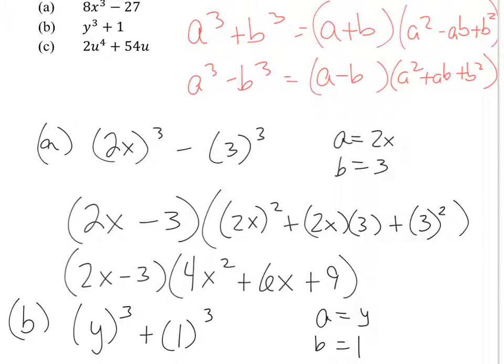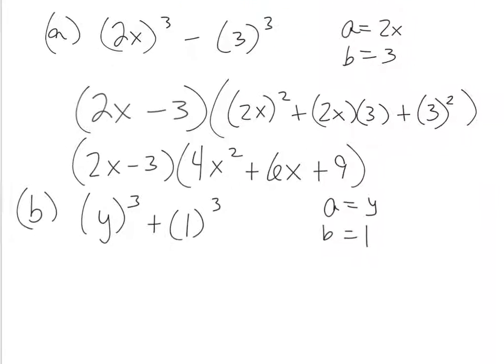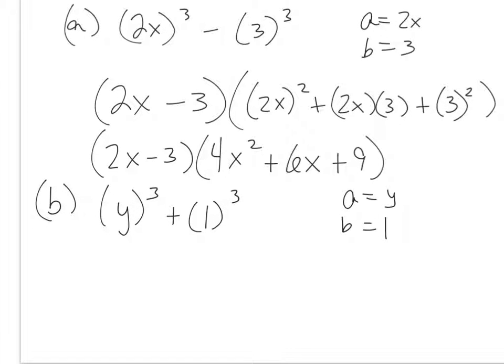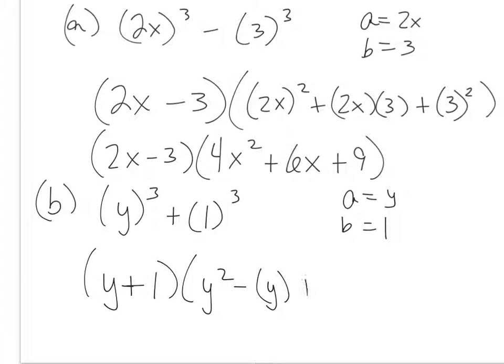Okay, this is A and this is B right here. So go ahead and apply the rule. That's all you have to do. So we're going to have A plus B times the quantity A squared minus A times B plus B squared.